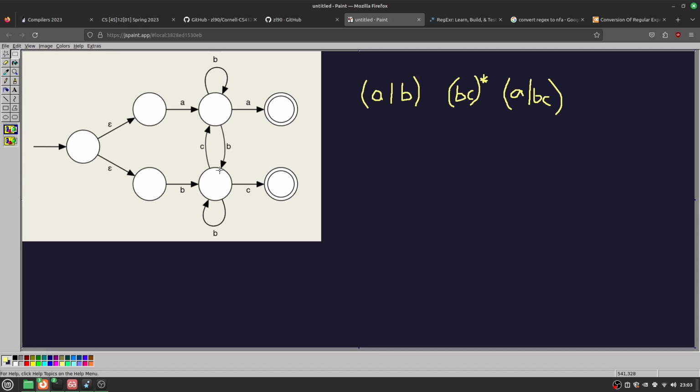We can have C's, but they must follow a B. Any number of B's and any number of BC's. But then that cuts out the first BC.